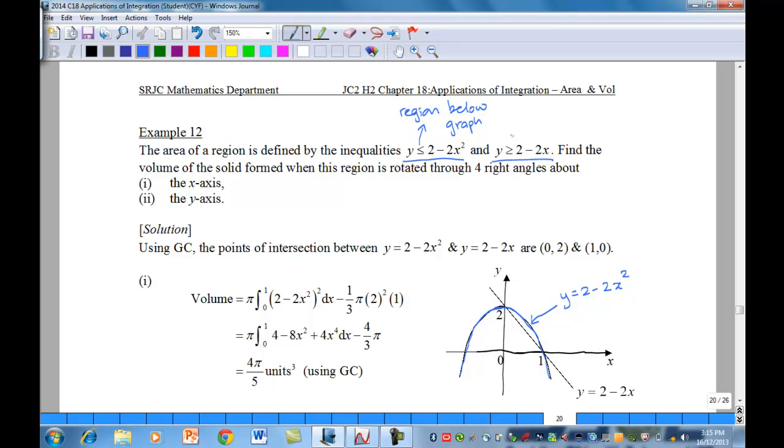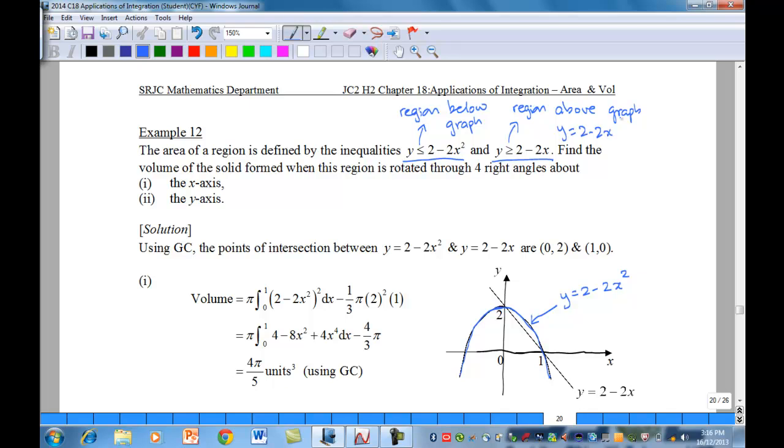For the second inequality, the more than or equal to sign tells us that the region required is the region above the graph of y equals 2 minus 2x.